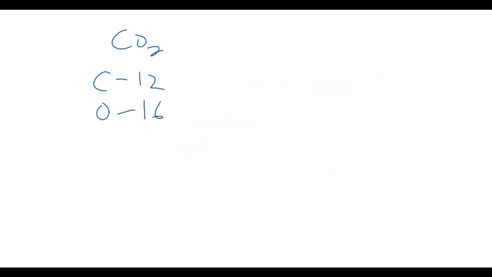So if you want to find the percentage by mass of, say, carbon in carbon dioxide, first of all we need to get the molecular mass of the compound we are dealing with. The molecular mass is simply the sum of the individual relative atomic masses.